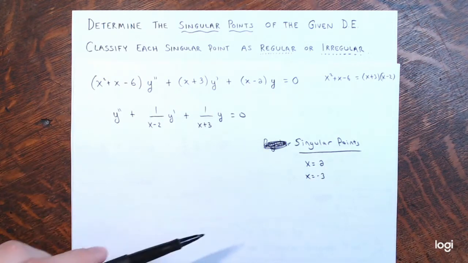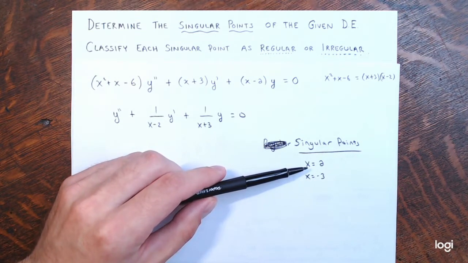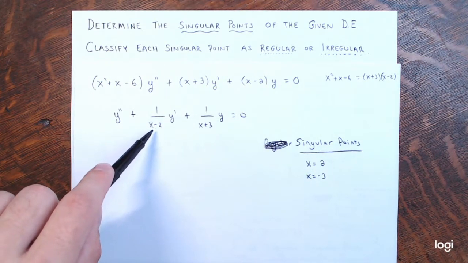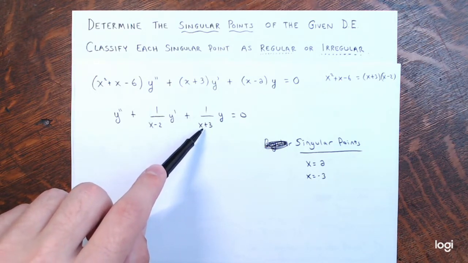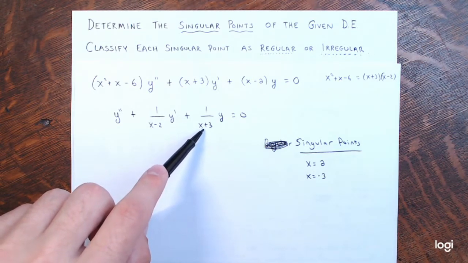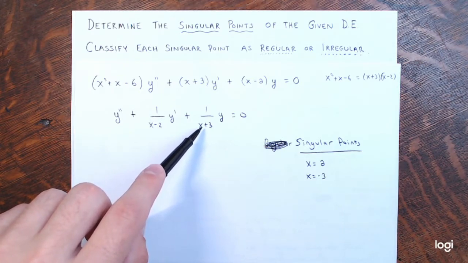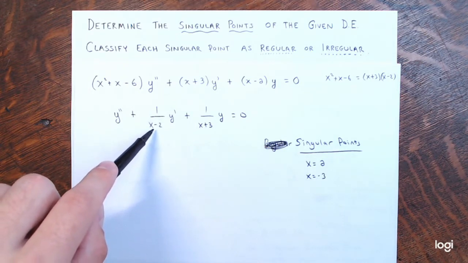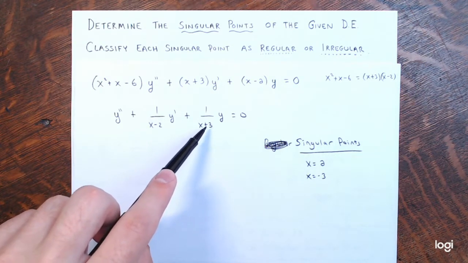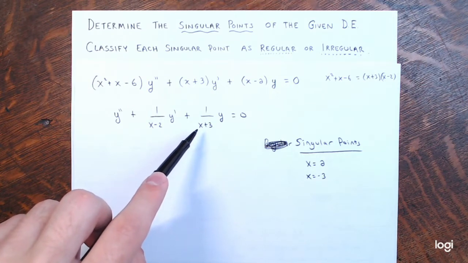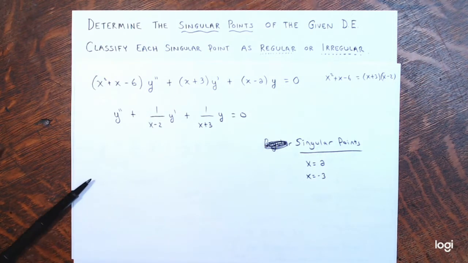And for x equals 2, basically, I got x minus 2 to the first here, and x minus 2 to the 0 here. As long as its power is 1 or less in the p of x denominator, and its power is 2 or less in the q of x denominator, it's going to be a regular singular point.